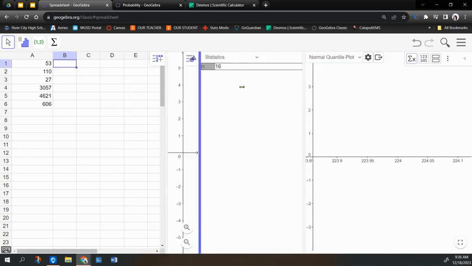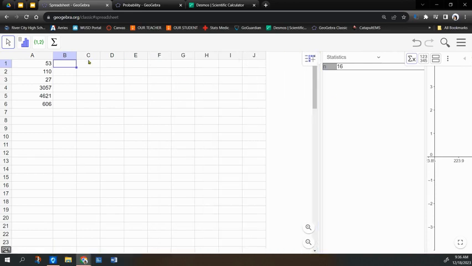So the ones that we calculated: 69.73, 106.08, 14.19, 3040.27, 4624.92, and 618.81. So just make sure the observed and the expected counts line up for each cell.